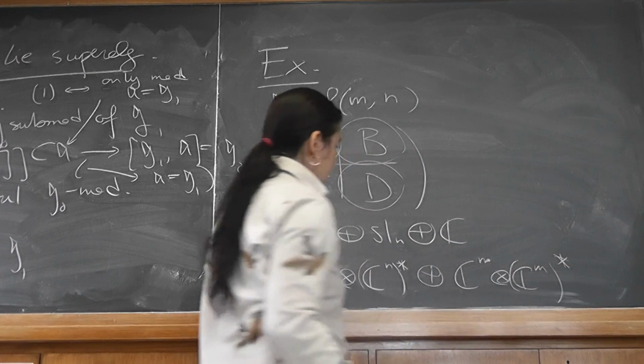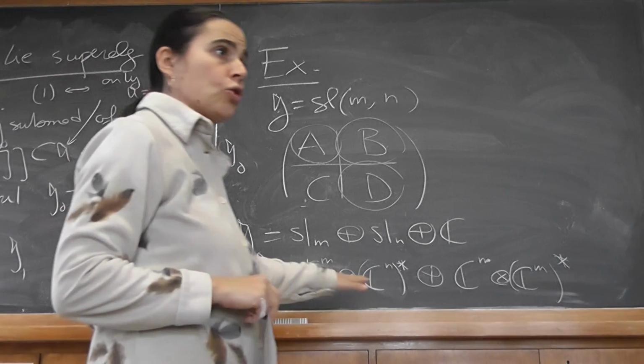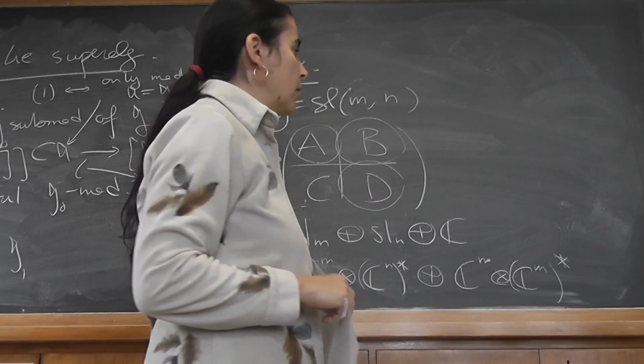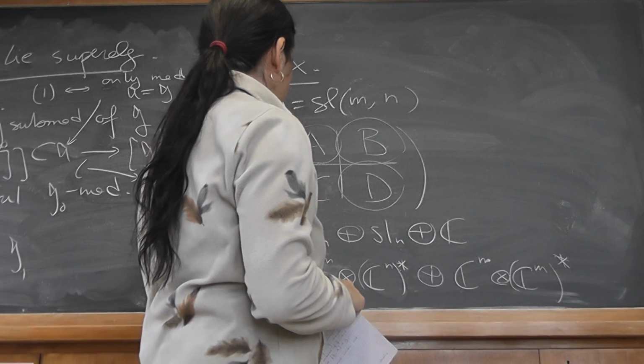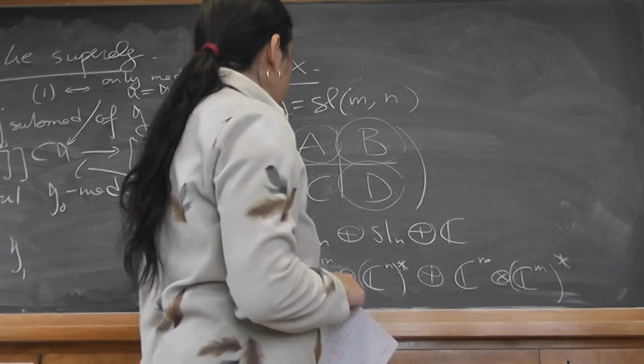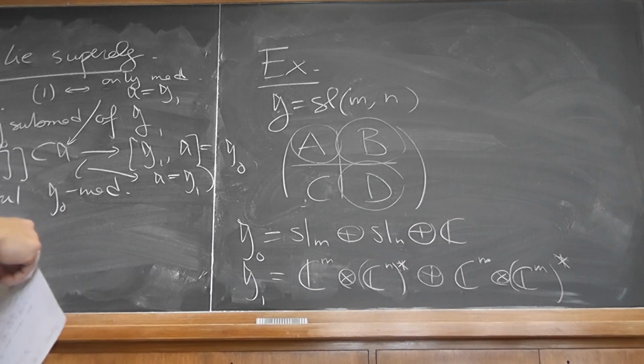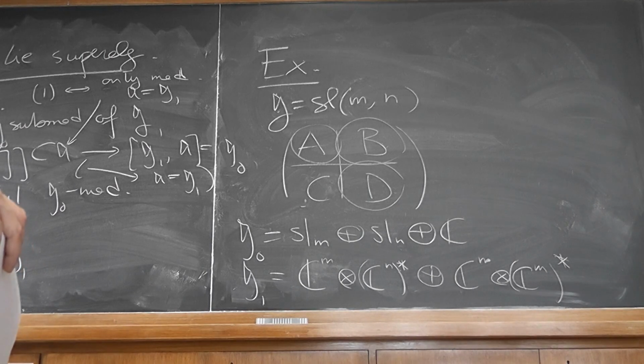And now there was the question that Mousson claims the irreducibility of this module under the action of SL_m and SL_n, right? But I did not work it out. I promised I was going to work it out, but I did not. Okay, it's a sad thing.